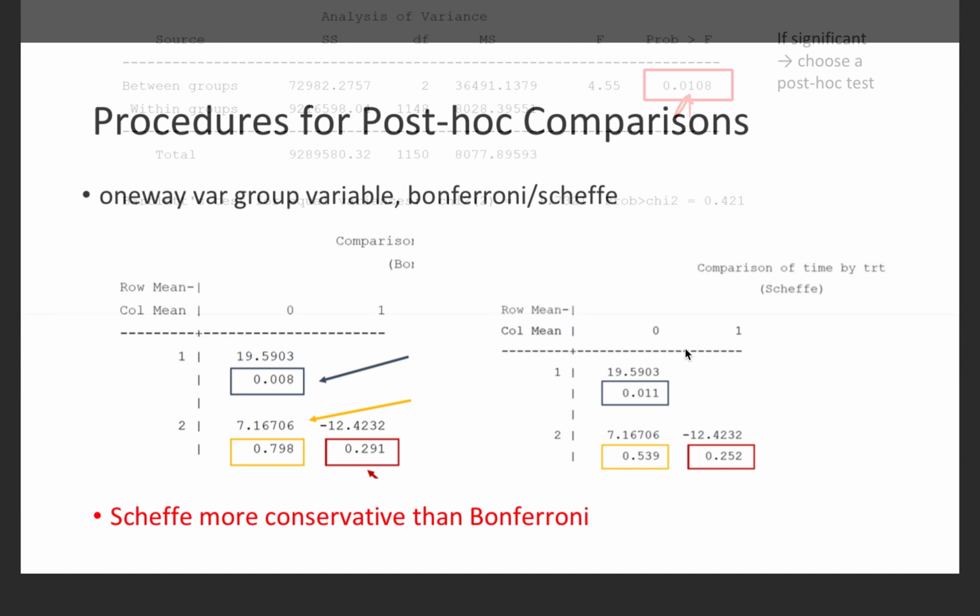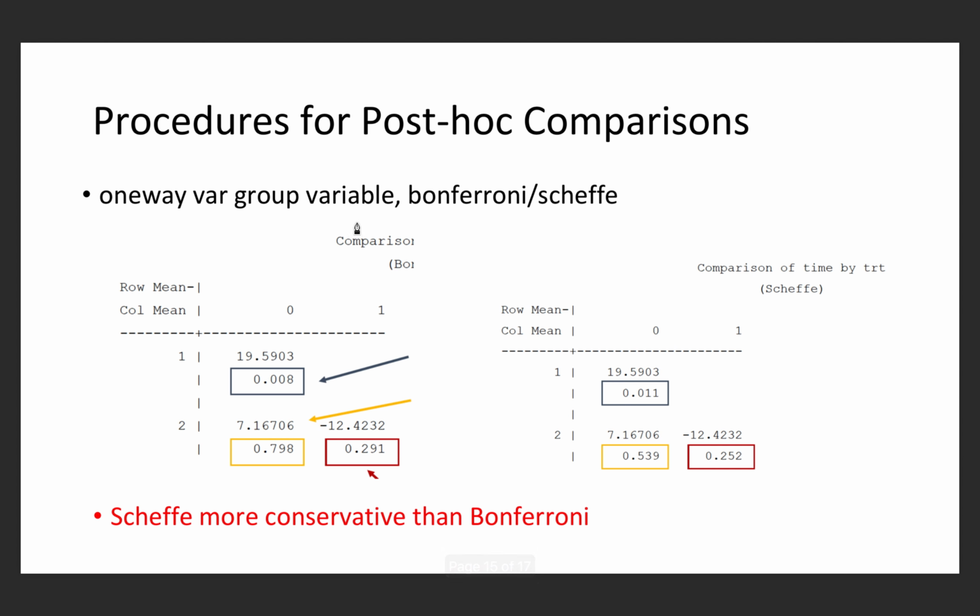Here are Bonferroni and Scheffe. I didn't print everything. The p-value here, you can see this one is smaller than this one. This one is greater than this one, but basically the conclusion is the same: this one is different from this one.